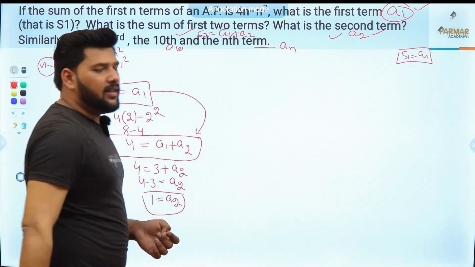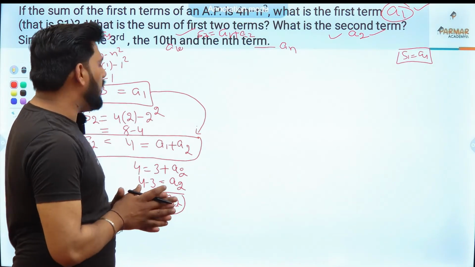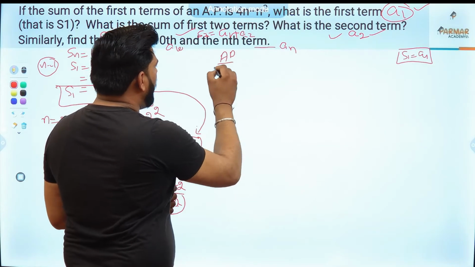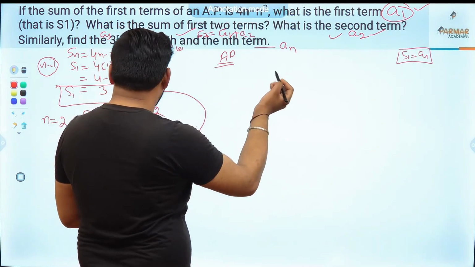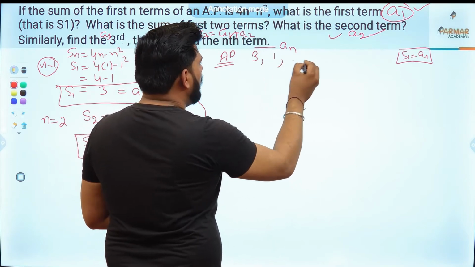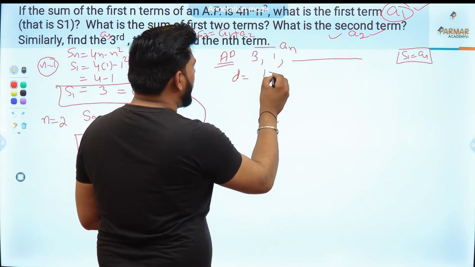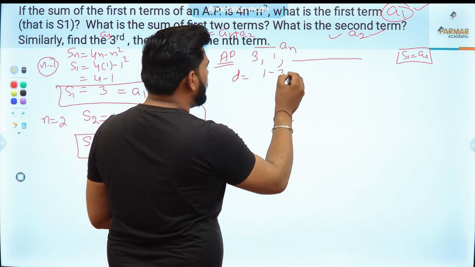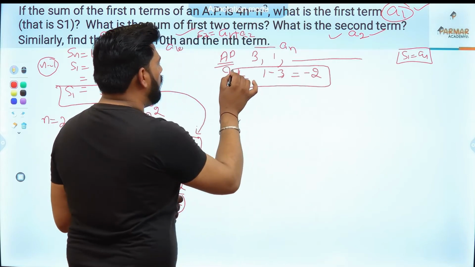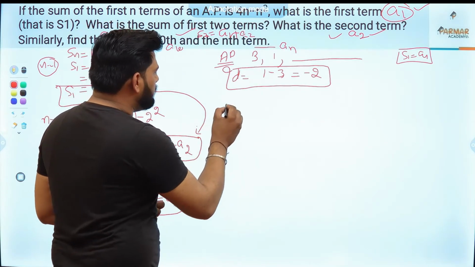Now that we have the second term, the next task is to find the third term. Before that, in the required AP we have the first term, that is 3, and the second term is 1. So we can easily decide that D, the second term minus the first term, is 1 minus 3, that is minus 2. Now we also have the value of D. The next task is to find the third term.